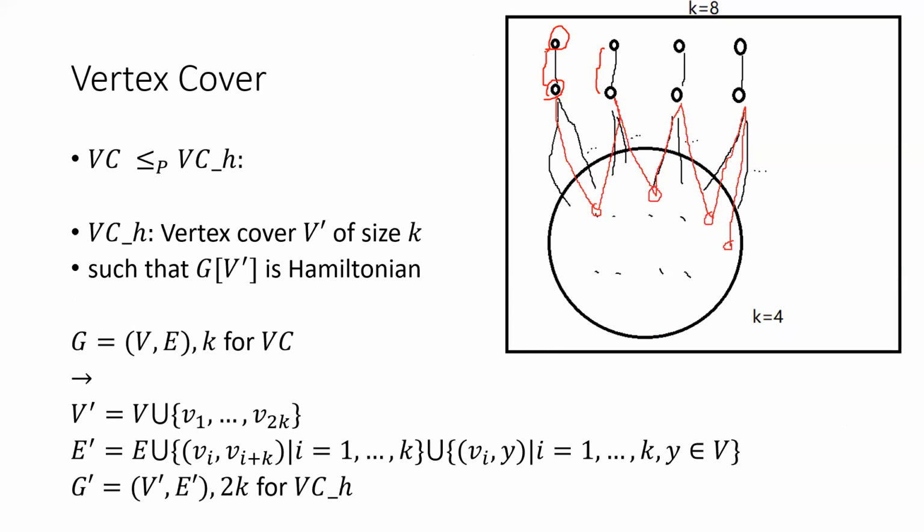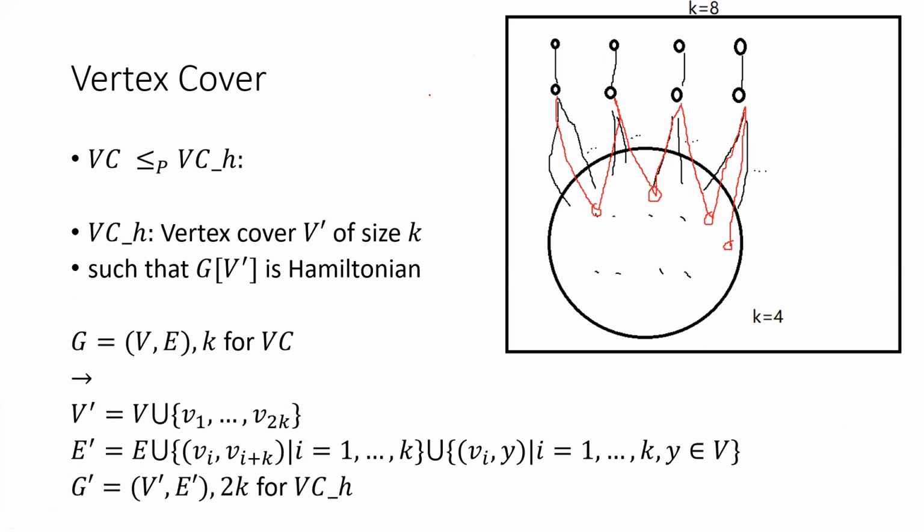But if you have this one in the vertex cover set, in order for the induced graph to be Hamiltonian, then you must have this one as well, because you have to have a path, and this is the only edge. But if you have this one, then this one is no longer needed.